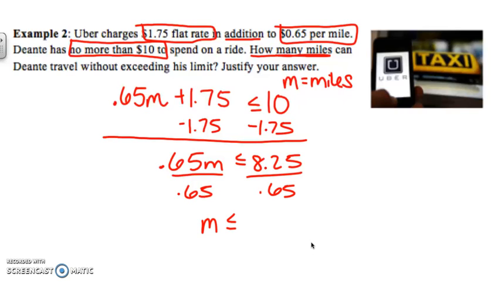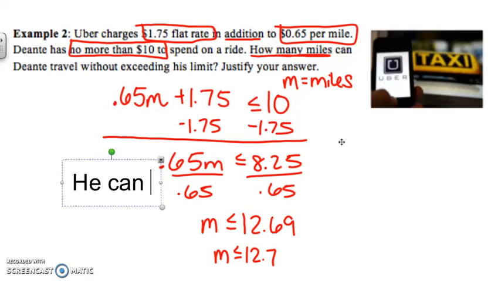You do get some really long decimal. I'm going to round it to 12.69. If you wanted to round it to 12.7, that would be fine, because you can go 0.7 of a mile. So what that means in our problem, how many miles can he travel without exceeding his limit?